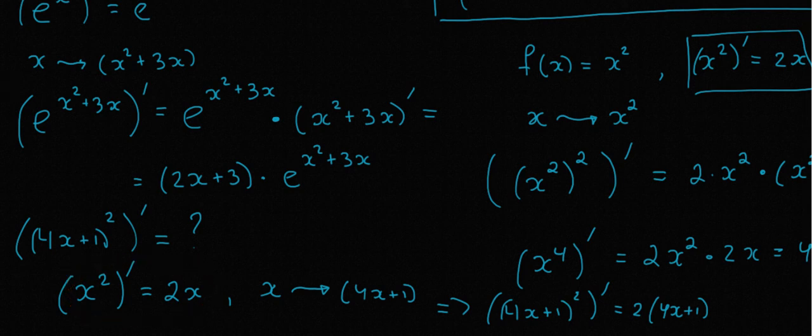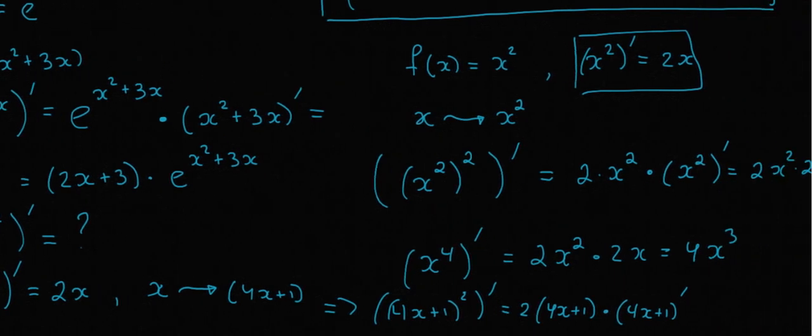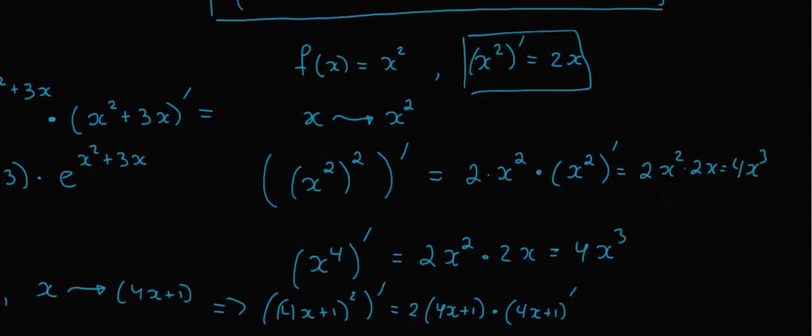And now I need to multiply the result by the derivative of what we're replacing x with. And that is just the derivative of 4x plus 1, which is 4. And so what that gives us is 2 times 4x plus 1 times 4. Altogether, this gives us 8 times 4x plus 1.